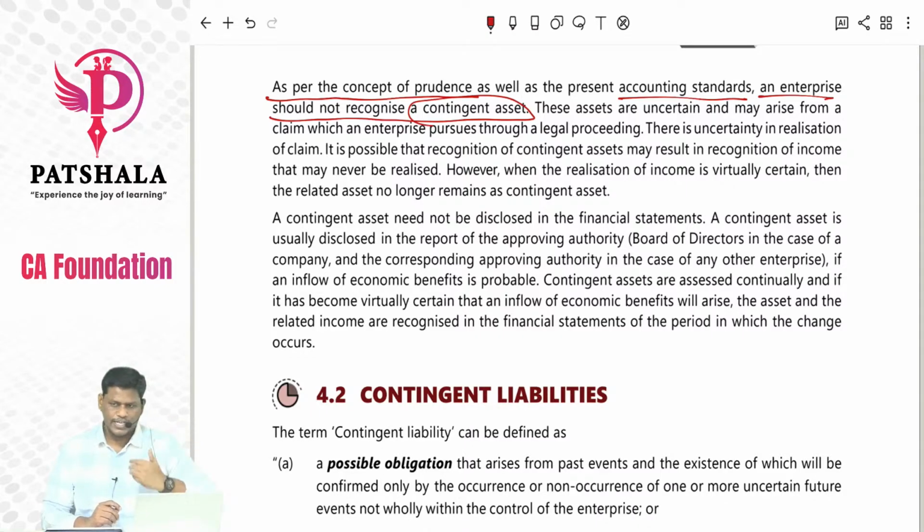Next point: as per the concept of prudence and accounting standards, contingent asset should not be recognized.